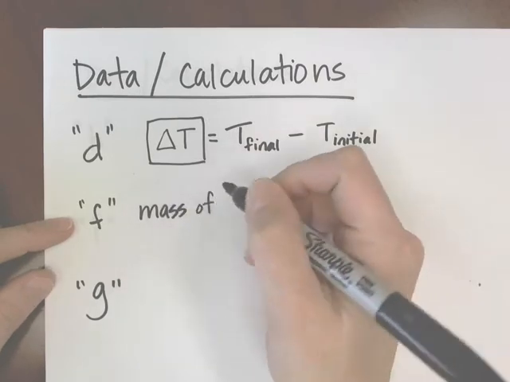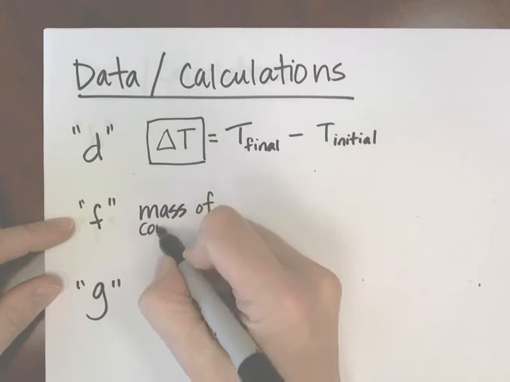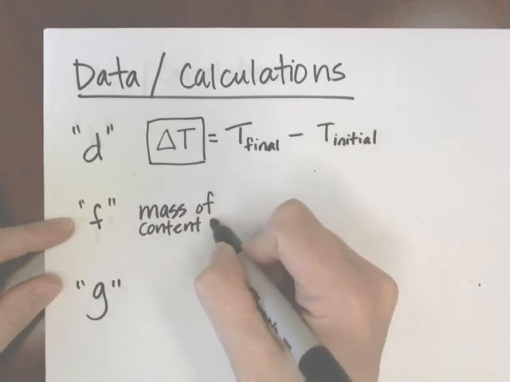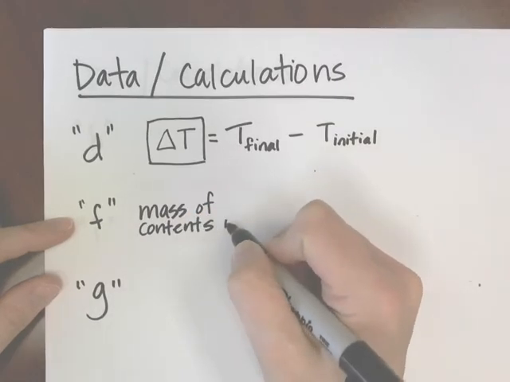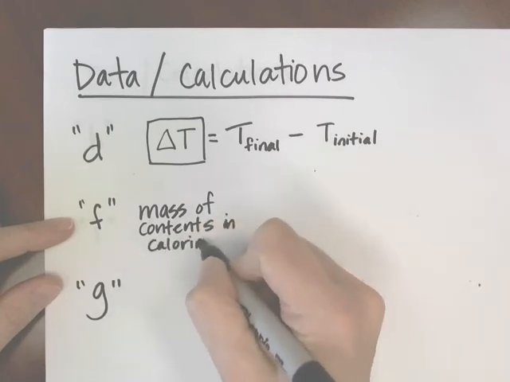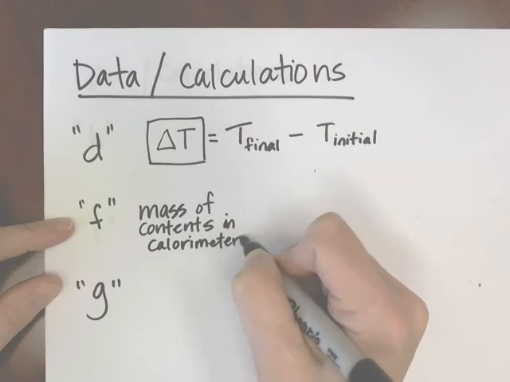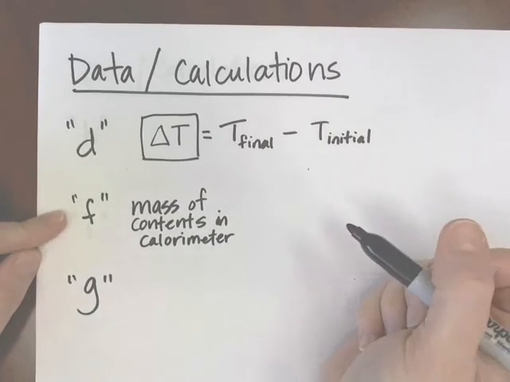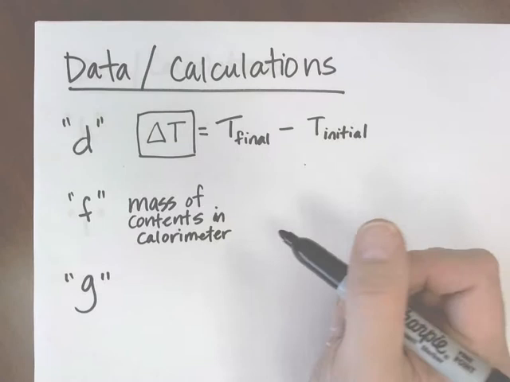In part F, for some of our calculation, we're going to need to know how much stuff, the contents in your calorimeter. So the reaction actually takes place in this little insulated device, which you would recognize as a styrofoam cup, and we want to know just what's inside of it.